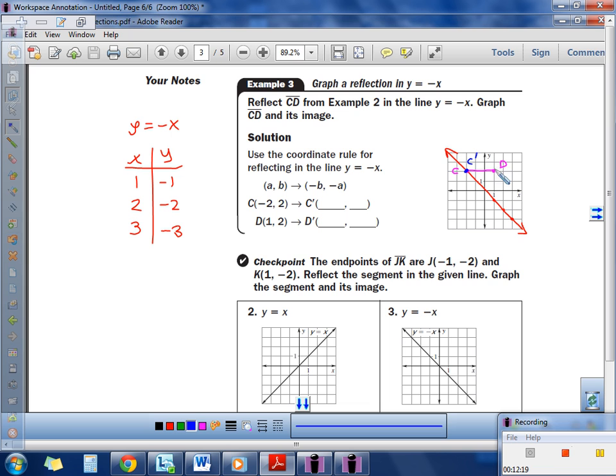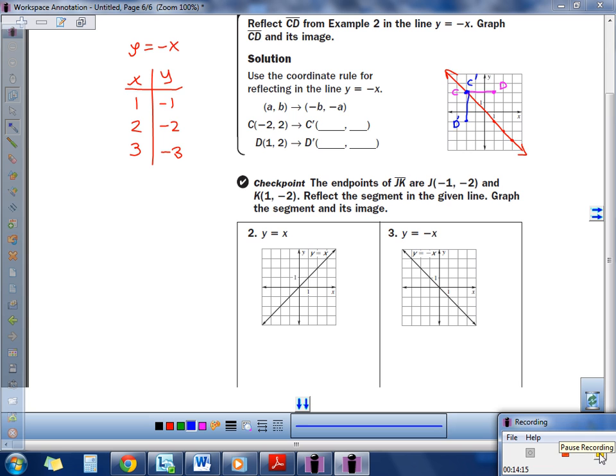When you're reflecting over a diagonal line, you count your diagonals. Now be careful. This is one whole diagonal, and then how much to the line? Half. 1 1/2. So here's my half, and there's my one whole diagonal. There's my D prime. And remember, you can turn your paper, eyeball it, make sure it's a nice, even reflection.